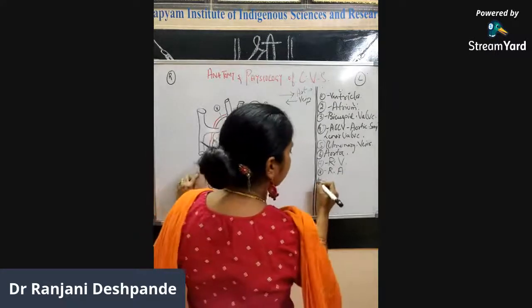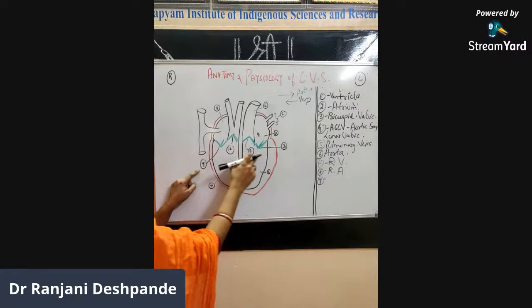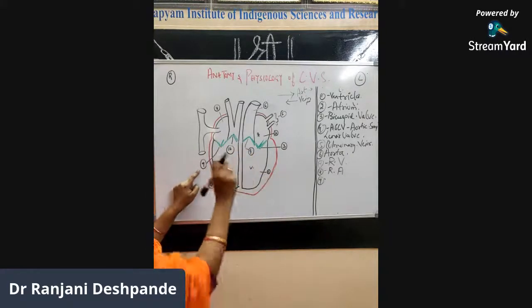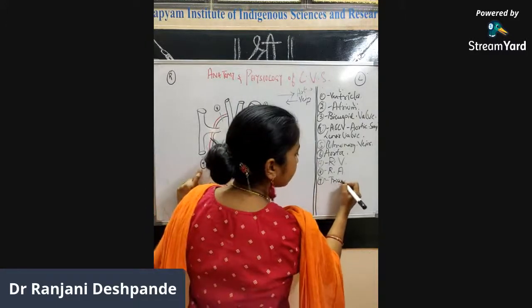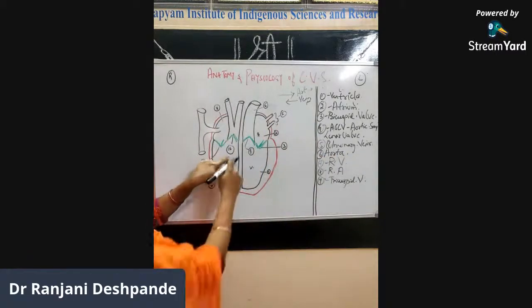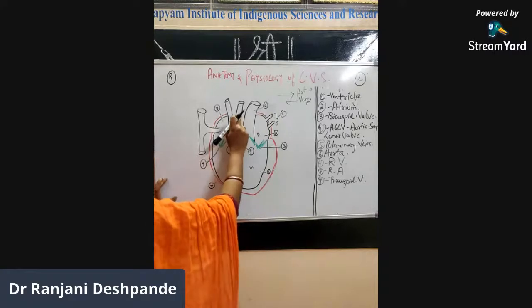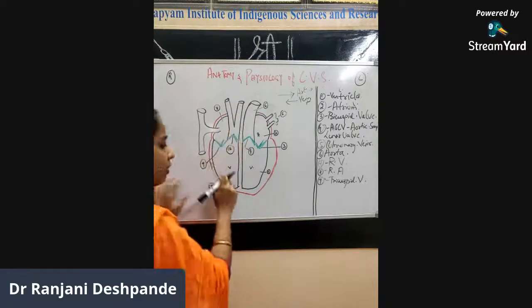So 9 is what? The atrioventricular valve on the right side. Like the left side had 2 cusps, this side has 3 cusps. So it is called the tricuspid valve. So 9 is the tricuspid valve. Then 10 is something between the ventricle and the pulmonary artery. So this is the pulmonary semilunar valve.